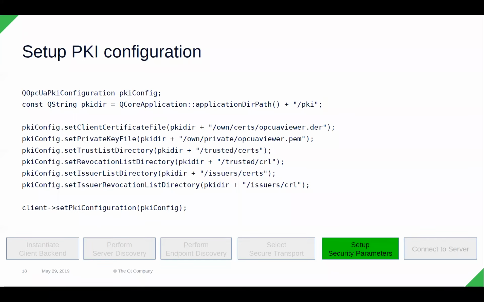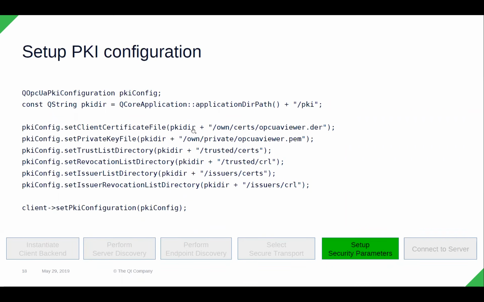A typical setup looks like this. I created a directory next to my application. The application path can be retrieved by the application dir path. And I just named the directory PKI, which is directly next to the application binary.